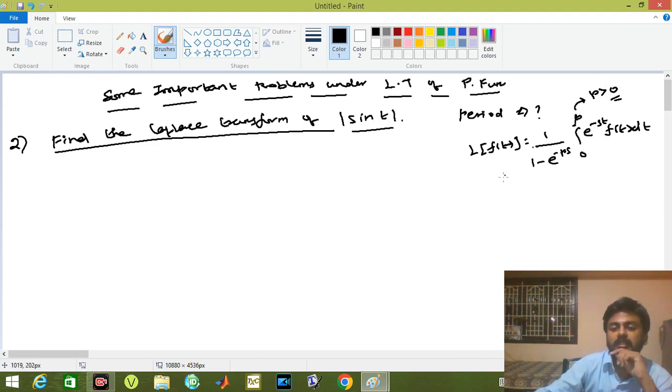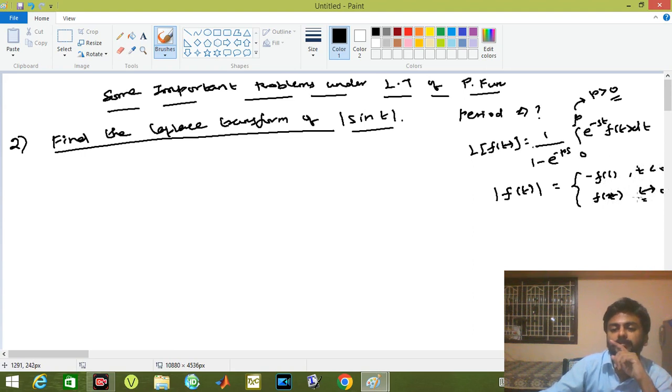The second condition is that they have given modulus of f of t, that is modulus of sin t. Modulus of f of t means it will have two values: minus f of t for t less than 0, and plus f of t for t greater than 0.